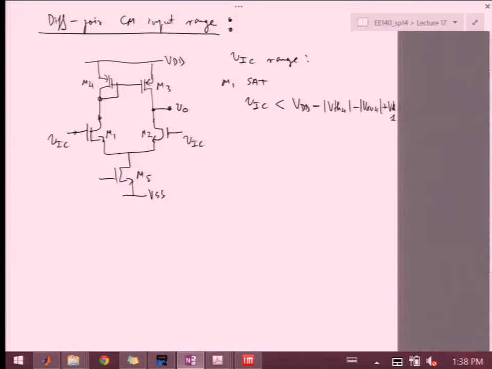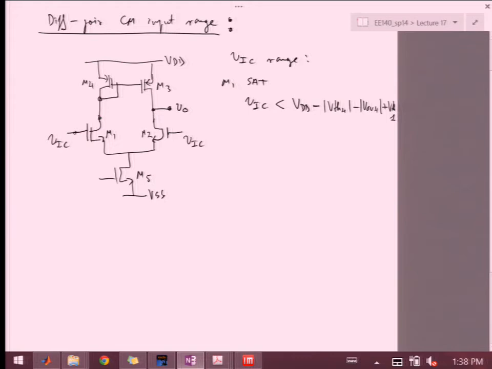Notice that I haven't analyzed M2. Why didn't I analyze M2? We haven't looked at what the swing is on this node, and we will have a chance to analyze that.